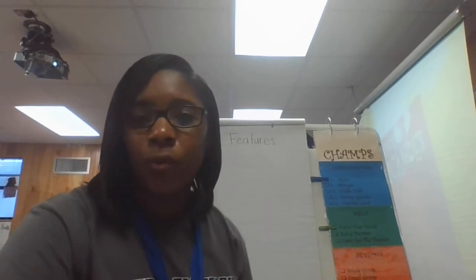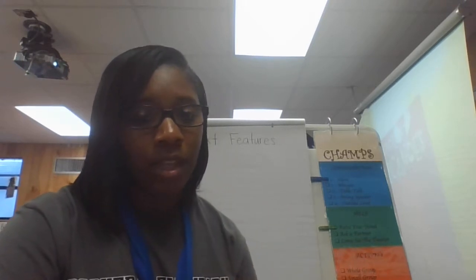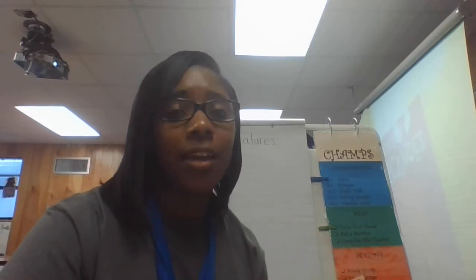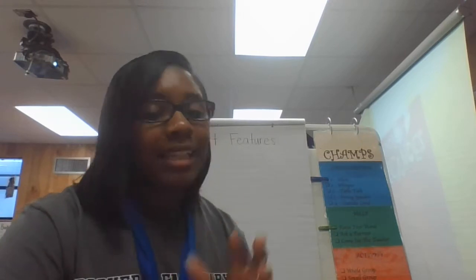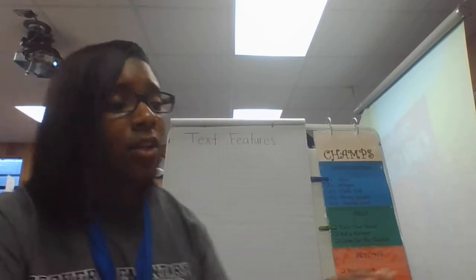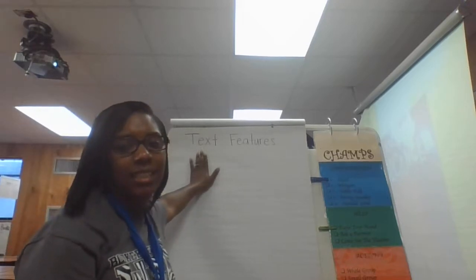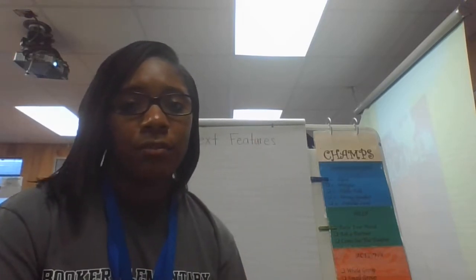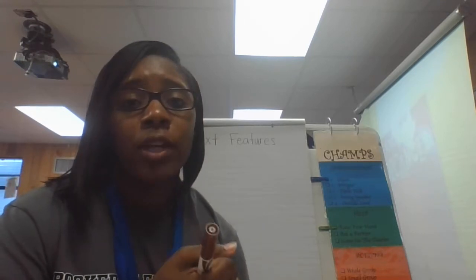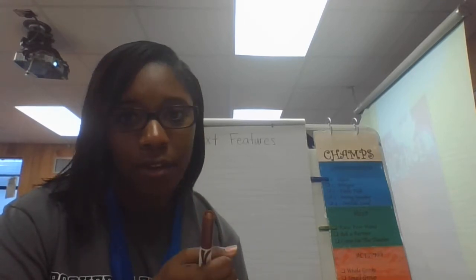It's the same thing when we're reading nonfiction stories. Nonfiction stories, and fiction stories, they have something called the title. But when we switch our brains to nonfiction, the title of the story is something called a text feature. A text feature is just to help the reader understand the information better.